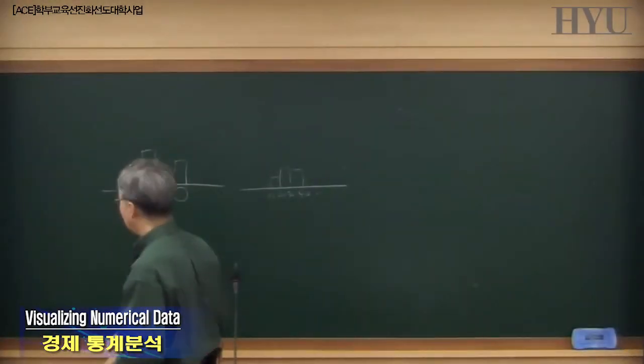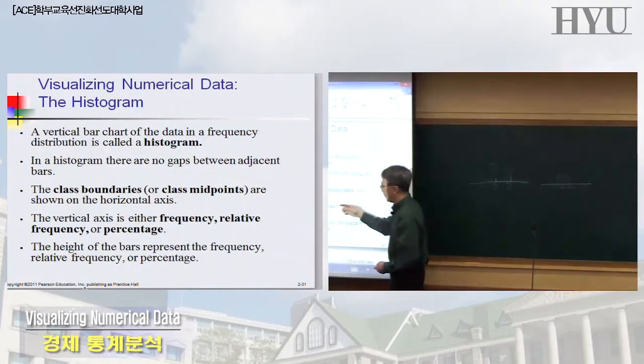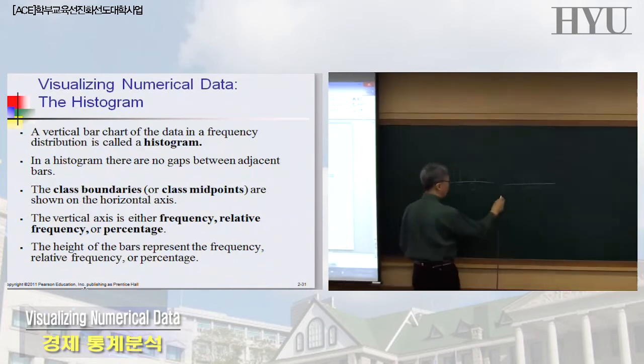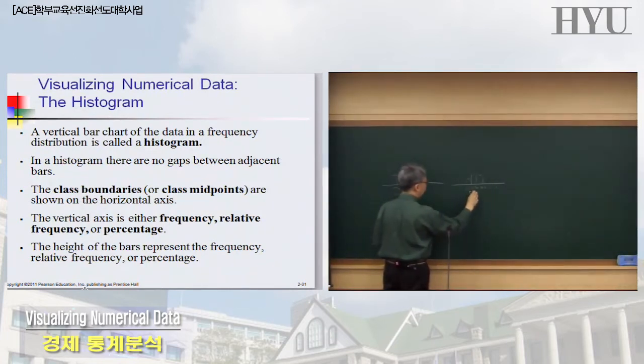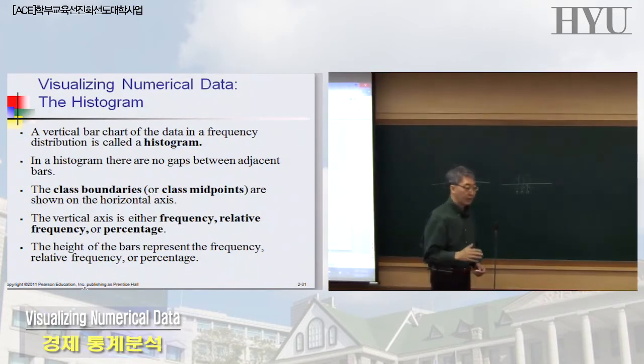On the horizontal axis, you can write down class boundaries or class midpoints. So instead of writing 10, 20, 30, 40, you can write down 15, 25, 35, which corresponds to the center of each bar. As long as you make it clear, that's fine.